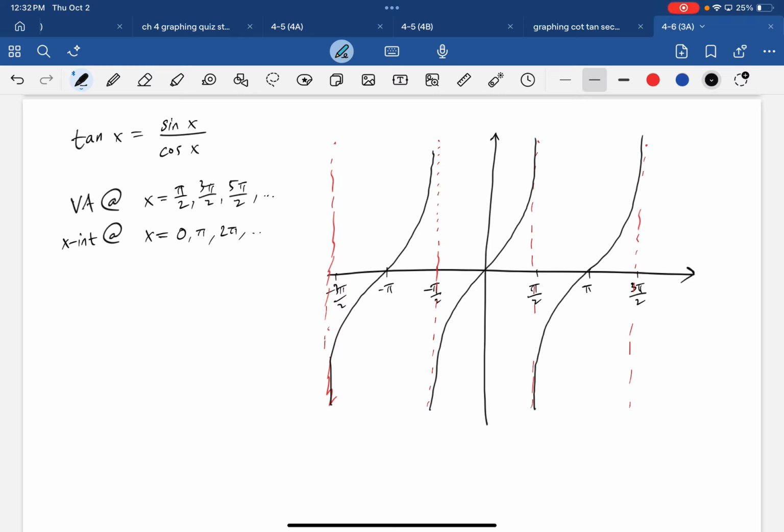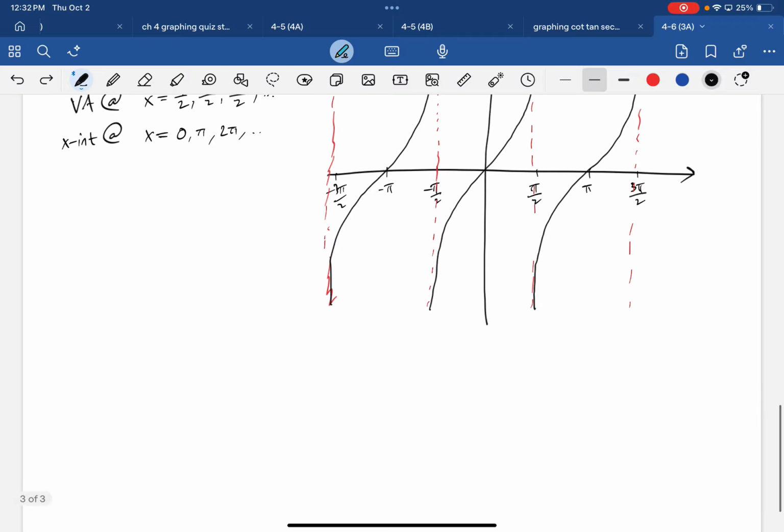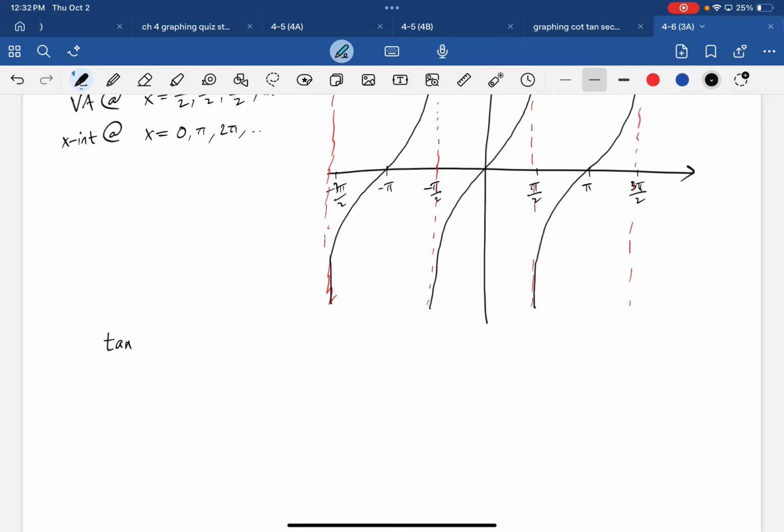Okay, so notice how the period is not 2 pi, but it's actually pi, right? It repeats itself every pi radians. So that's very important, and it's going to change some of our equations. The reason is that now if we have tangent of bx, the period is not 2 pi over b, but pi over b.